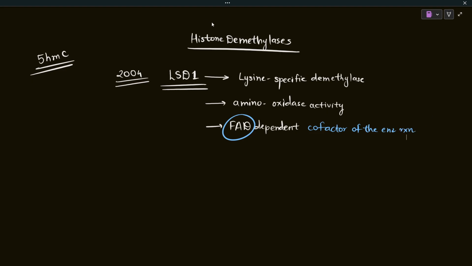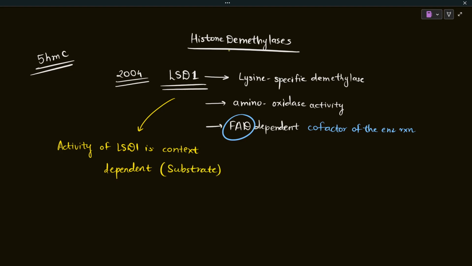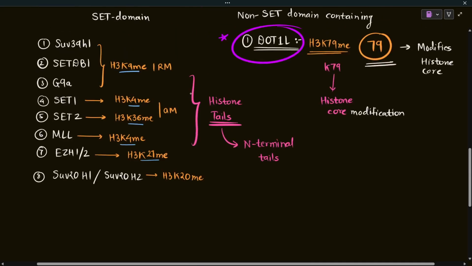So there's one interesting fact about the LSD1 enzyme, that the activity of LSD1 is context dependent. Okay, how? It depends on the substrate, unlike the histone methyltransferases we discussed above.